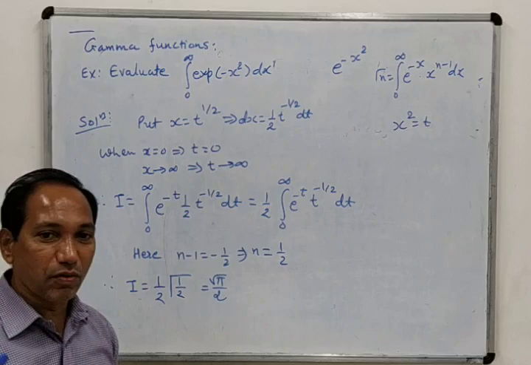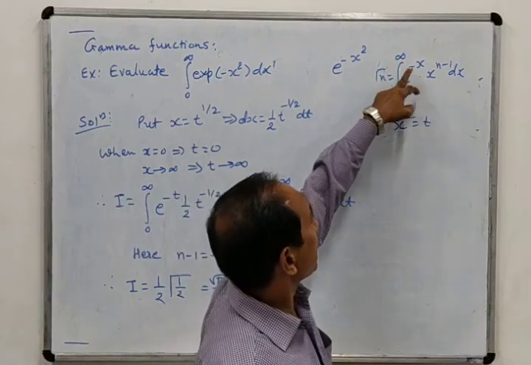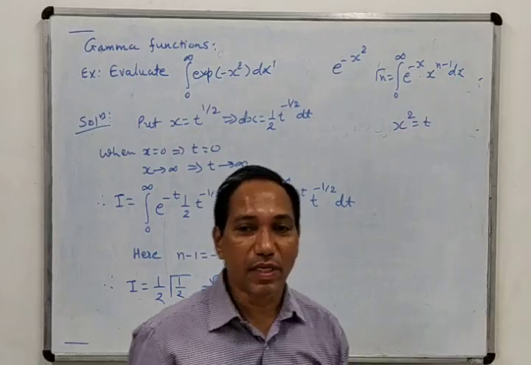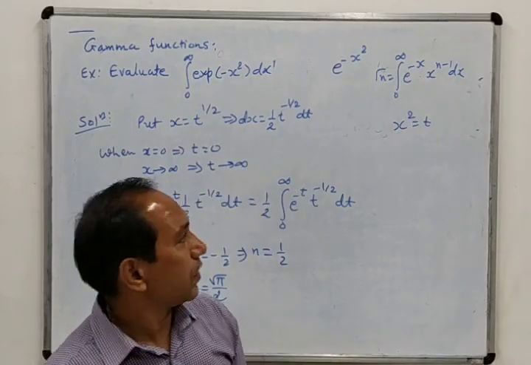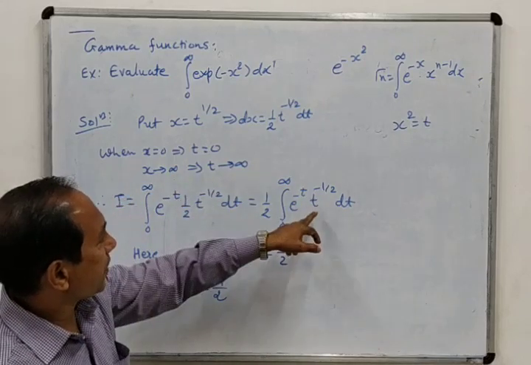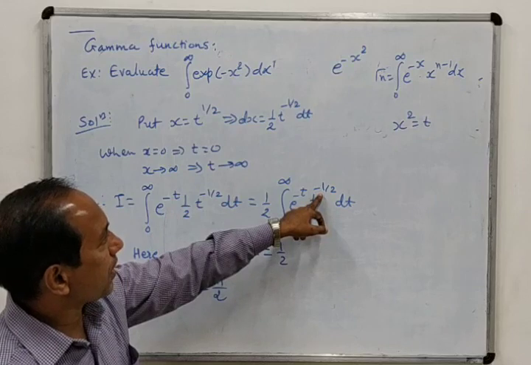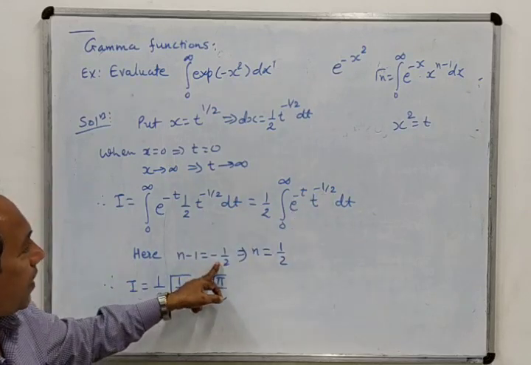And I told you last time that as it is a definite integration, the variable is immaterial. That means you can write y, z, t, whatever you want. So now comparing with the definition, we can see that t raised to n minus 1 and t raised to minus 1 half, that means n minus 1 equal to minus 1 half.